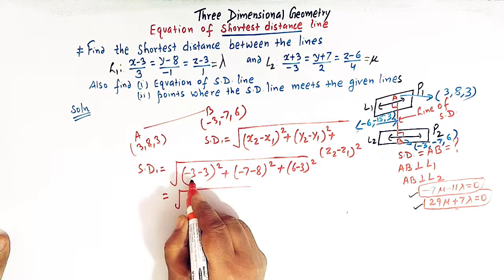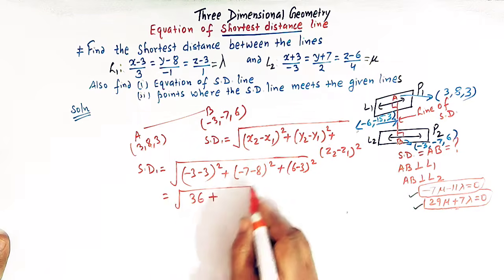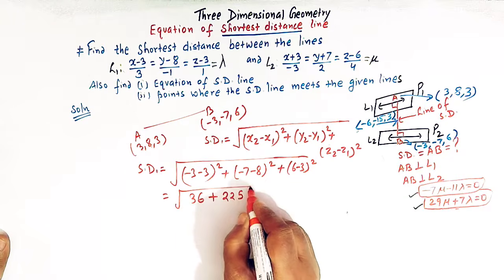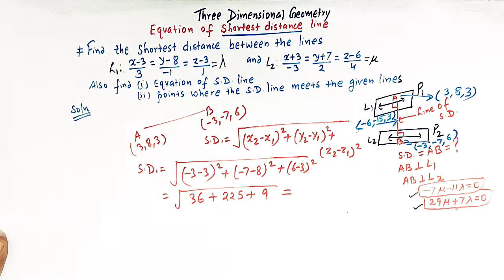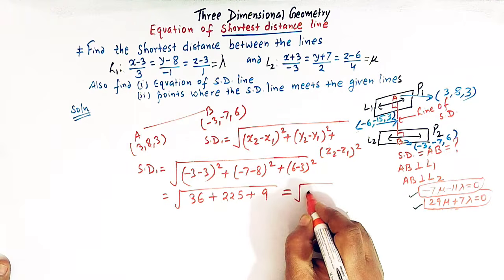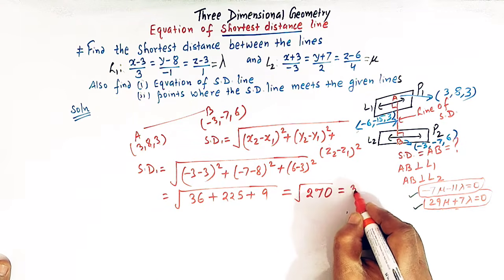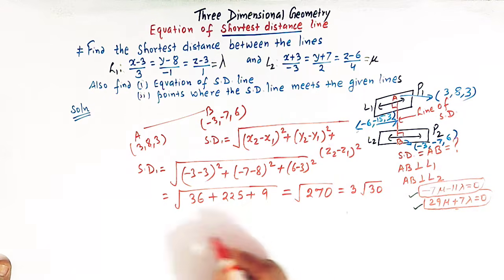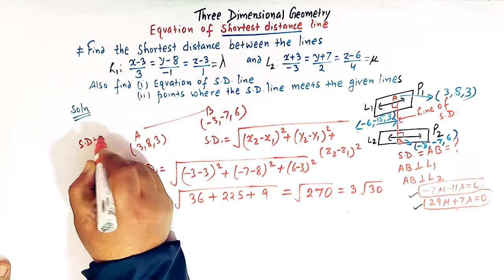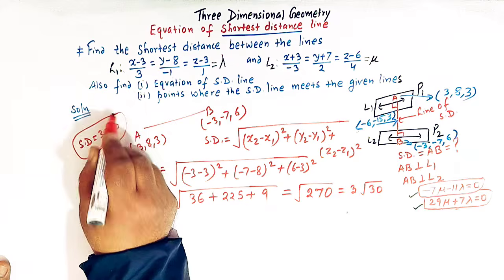So this is minus 6 whole square 36, this is minus 15 square 225, and this is 3 square 9. So now we have square root of 270, and that is equal to 3 times square root of 30, right? So the shortest distance is equal to 3 times square root of 30.